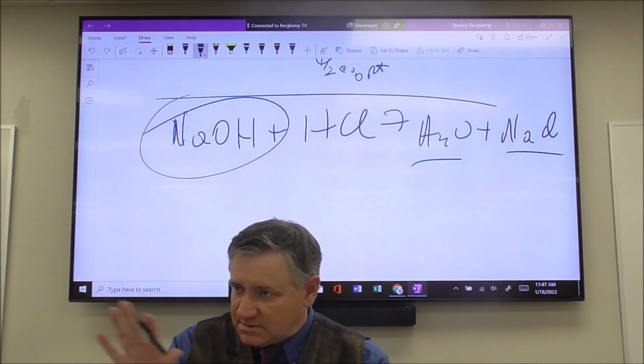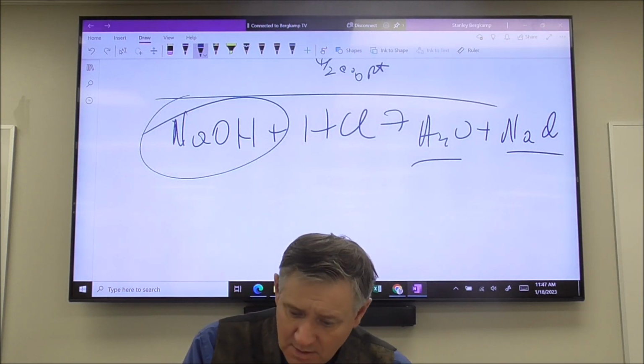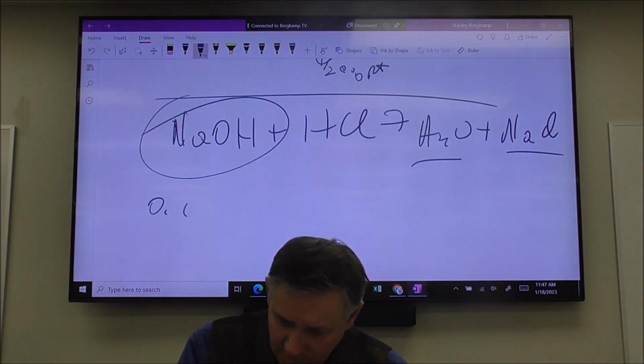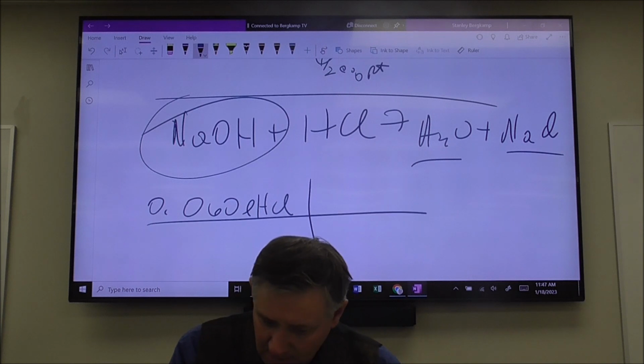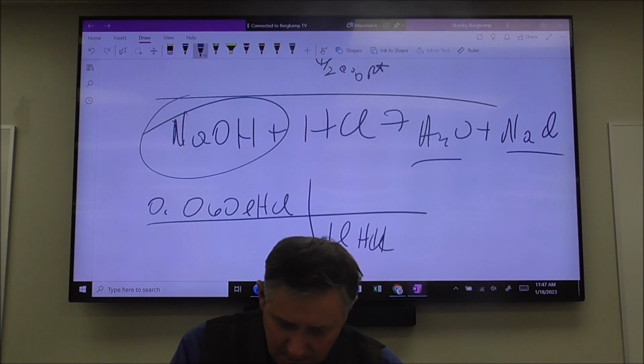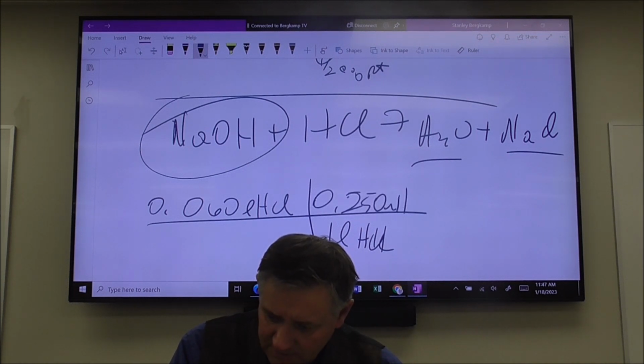So you can do this as a pure stoichiometry problem. You can start off with 0.060 liters of HCl, and then you know the molarity of your HCl, so 1 liter of HCl contains 0.25 moles of HCl.